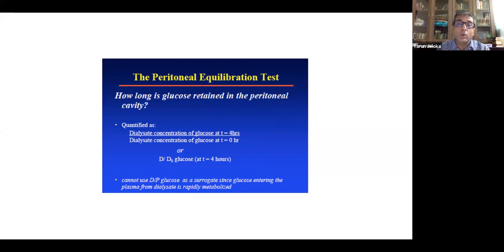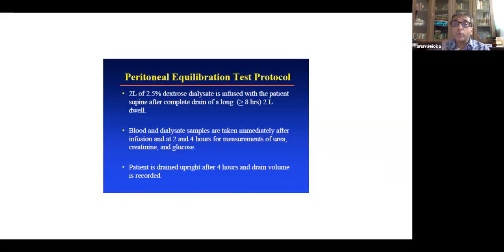The curves I will show you are reciprocal between urea, creatinine and glucose, because glucose is getting absorbed and urea and creatinine are coming into the dialysate. As time passes, dialysate urea and creatinine increase and dialysate glucose goes down, and that is why there is reversibility in the curve.